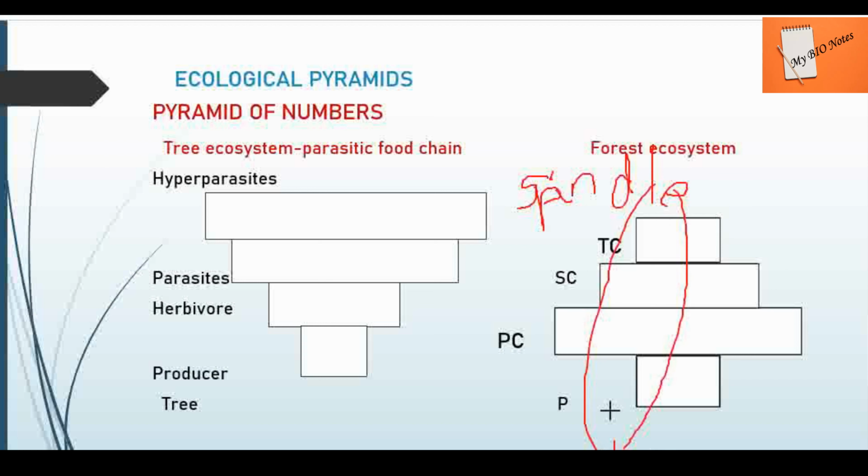In this case, taking a forest ecosystem, the producer again is a tree.